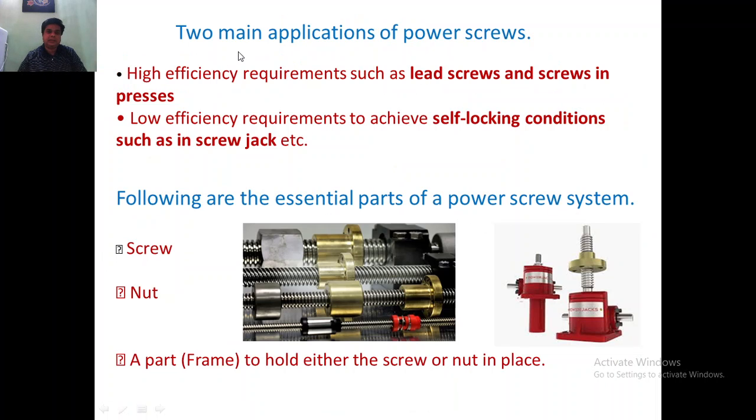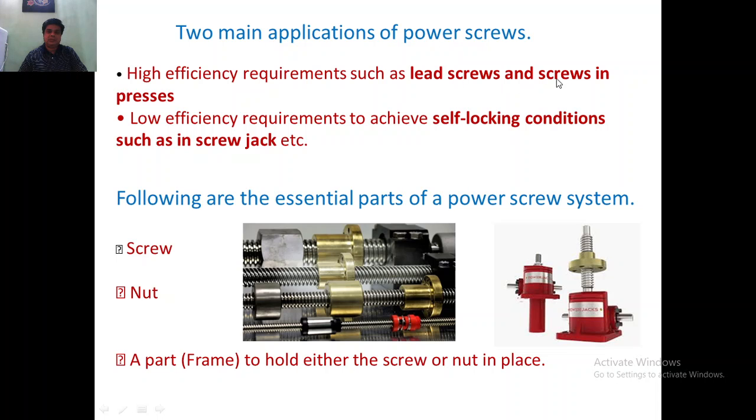As I told you, the applications of power screws are basically in high efficiency requirements, for example lead screws or the screws used in presses or fly presses.